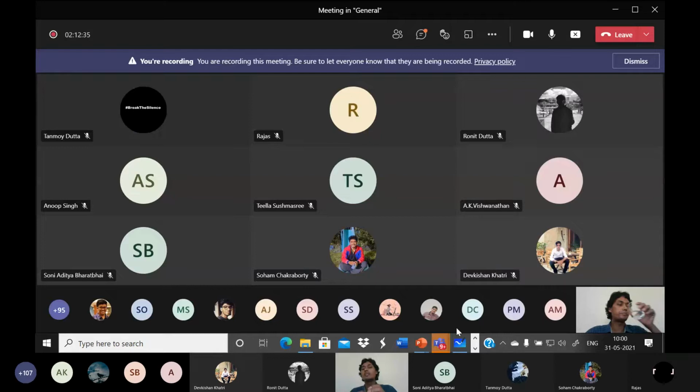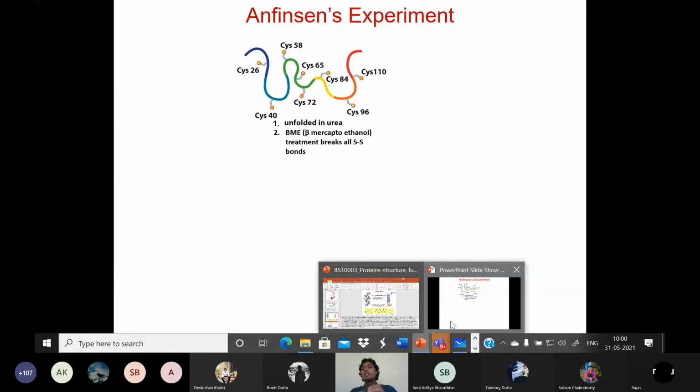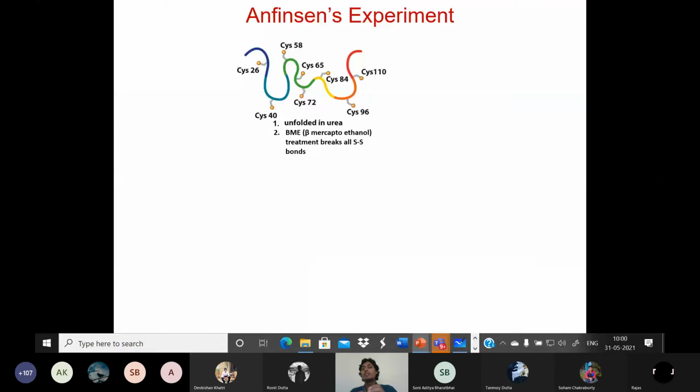If the positions are 50 and 90, that is 40 amino acids away. So even in the presence of an enzyme, how will this disulfide bond form? That is not possible. Somehow these two cysteines should be close to each other, then the enzyme will act on it. So the question is how those two correct cysteines come into place.